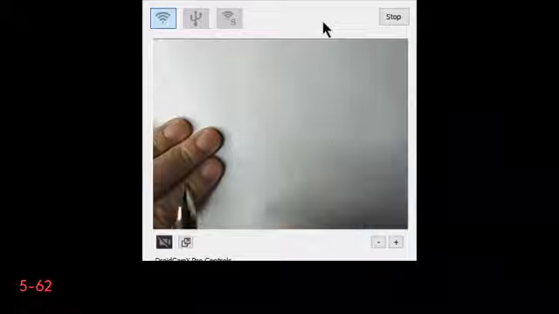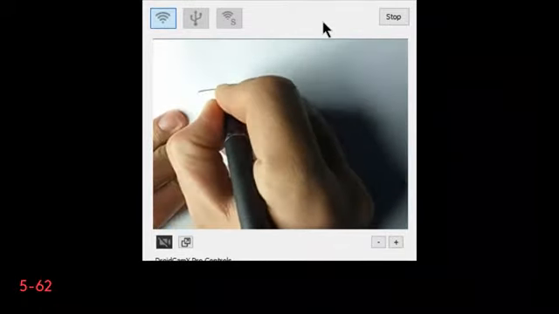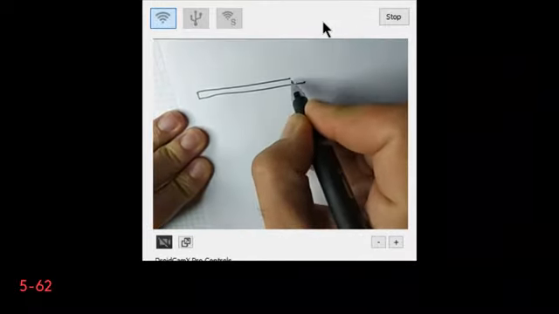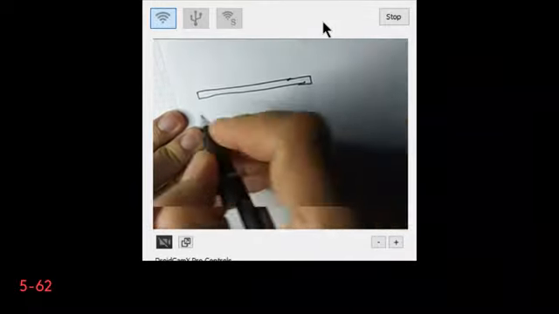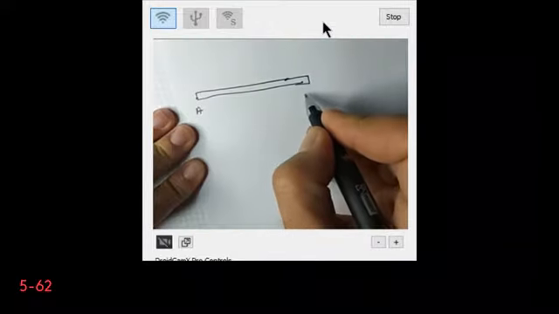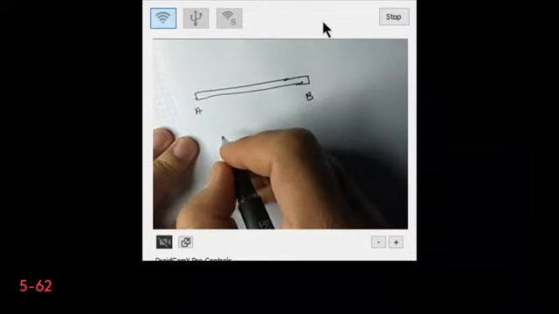So let's begin by drawing the free body diagram of the shaft AB. This is my shaft. This is my point A. Then I have my point B here. That's okay.